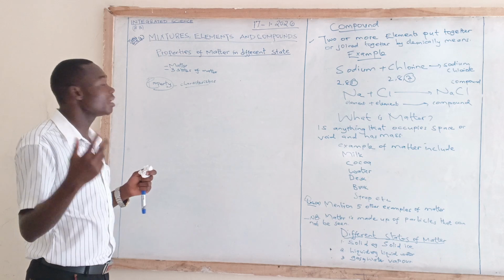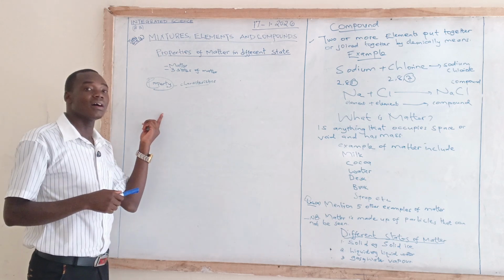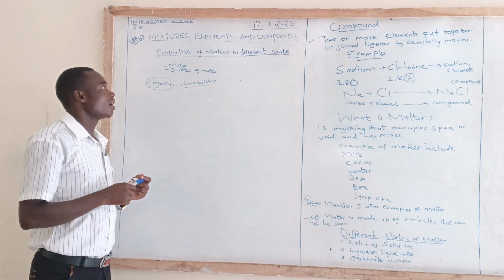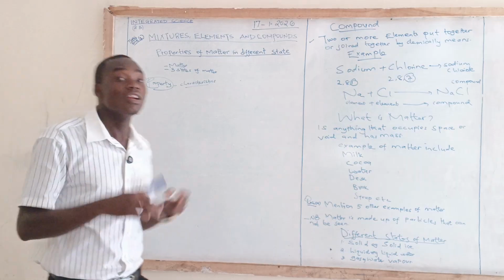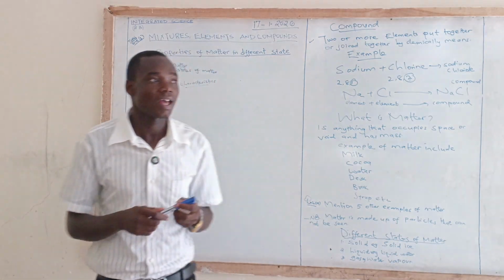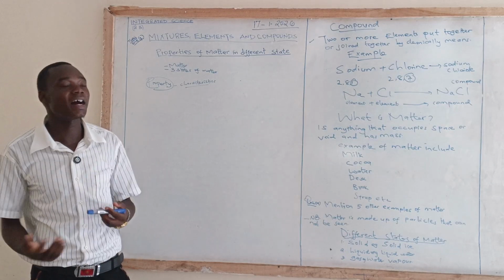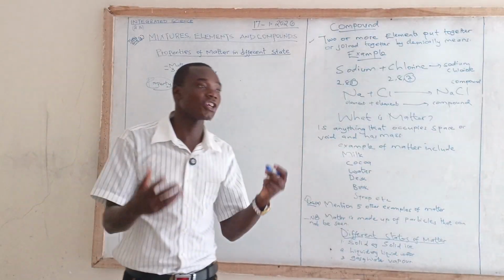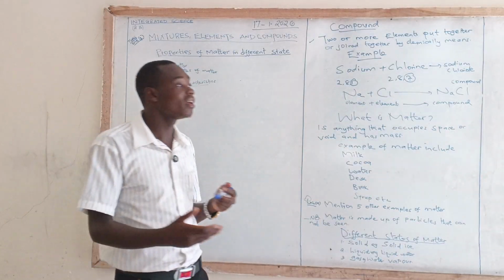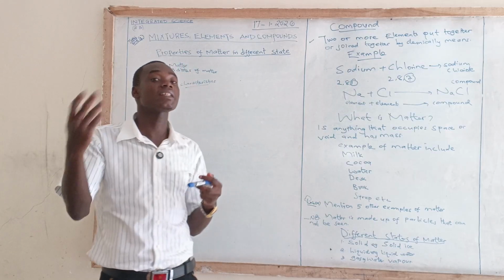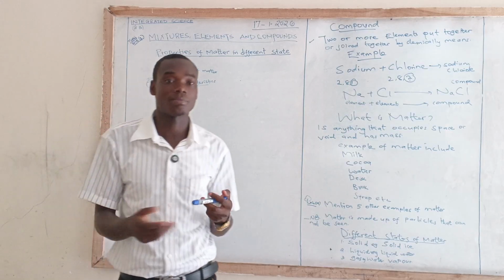Let's say we have picked a property called shape. How do solids look? What is their shape? Are they oval? Are they circular? Do they have a shape that can be defined? Do they have a fixed shape? We look at the shape and say, this is oval, this is rectangular, this is a square shape.